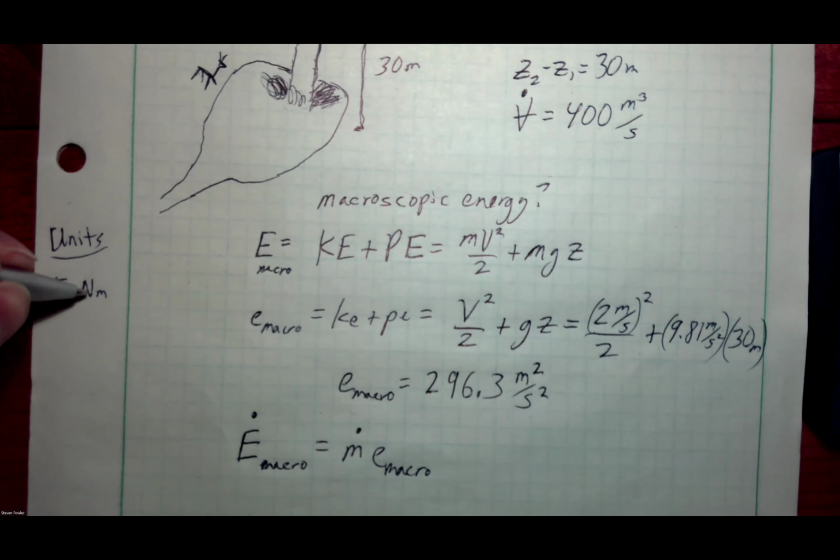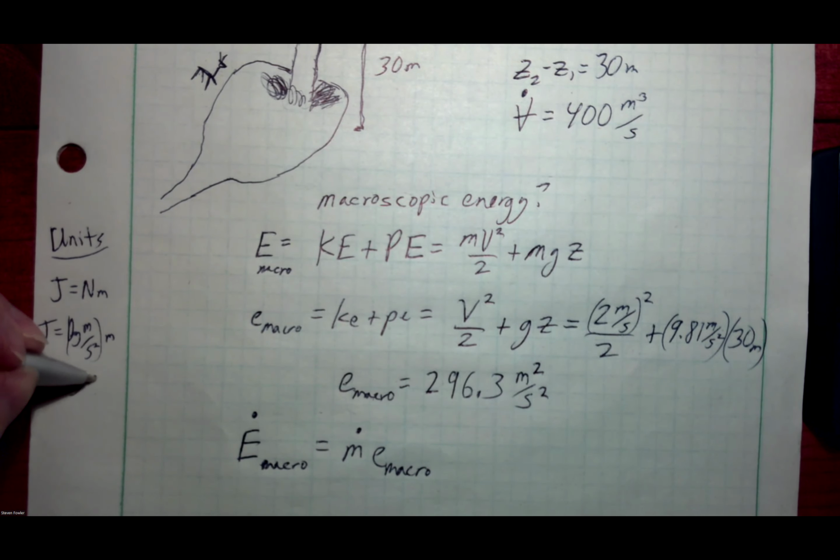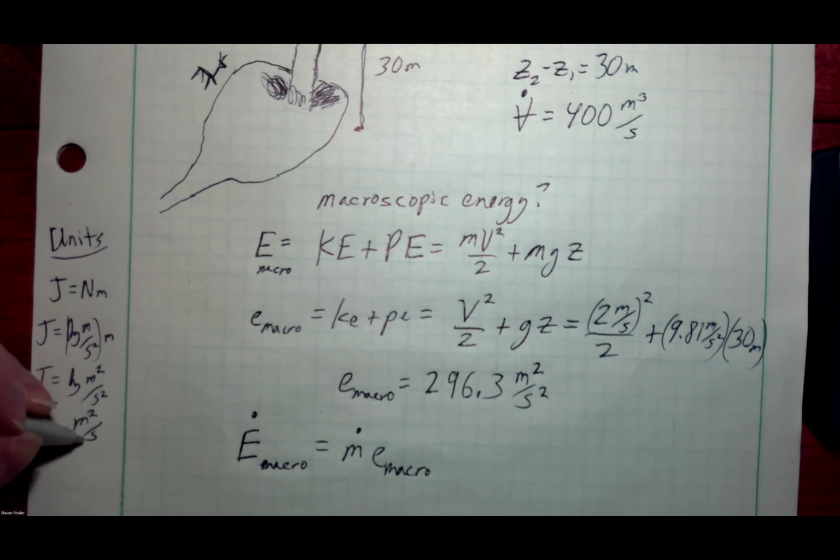Well, okay, let's break this down. So Newton breaks down into a kilogram meter per second squared. That's mass times acceleration times a meter. So a joule is a kilogram meter squared per second squared, which means that a joule per kilogram is a meter squared per second squared.